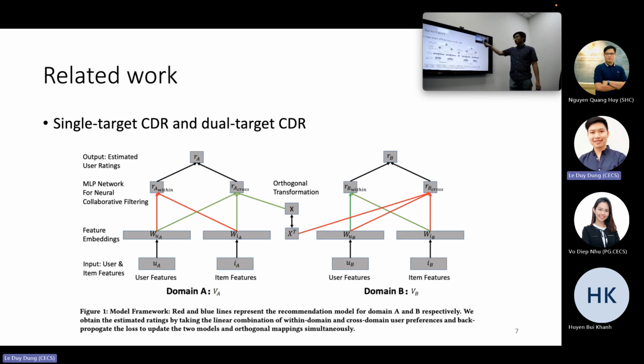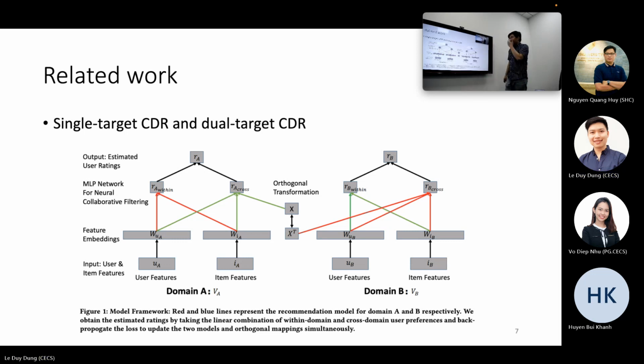But for dual target cross-domain recommendation, they try to output more than one target. Here we have two domains, domain A and domain B. They try to learn the feature embedding output from the user and item features. They use a fully connected layer, for example, to extract the user feature embedding and item feature embedding.